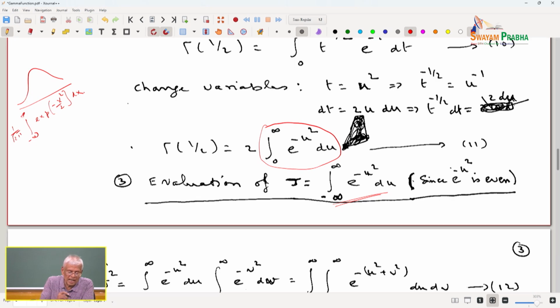Now, x square is an even function. Therefore, minus infinity to 0 has the same value as 0 to plus infinity. So, you can express this as 1 over square root of 2 pi times 2 times 0 to infinity exponential minus x squared by 2 dx. So, that's one way of looking at it.